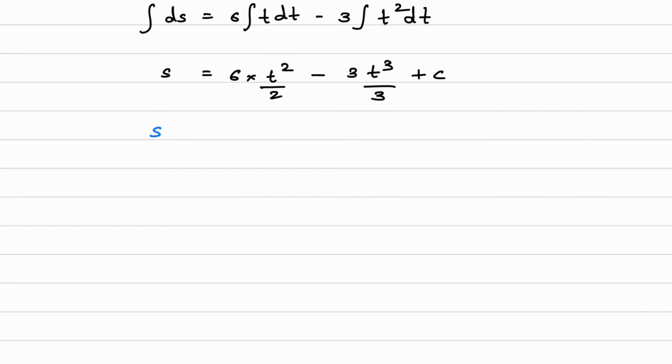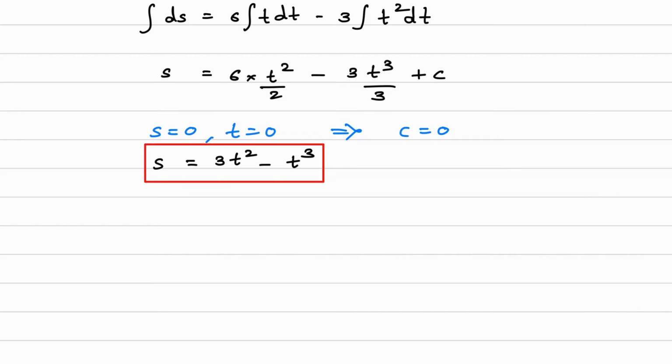So substitute this, we will find the value of c. So c is equal to 0. The equation of S, what is that? S is equal to 3t square minus t cube.